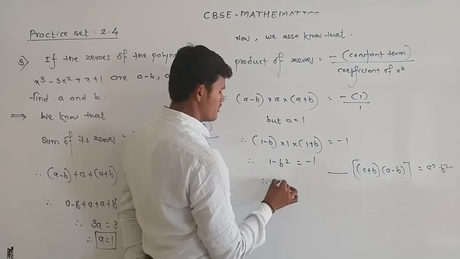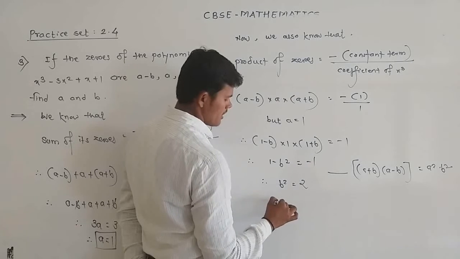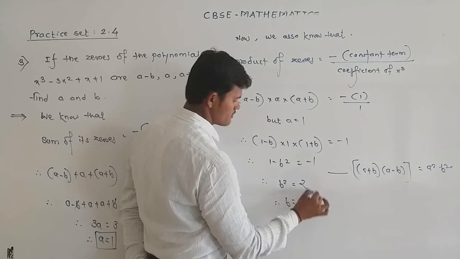And from that we get b square is equal to 2, that means the value of b is equal to under root of 2.